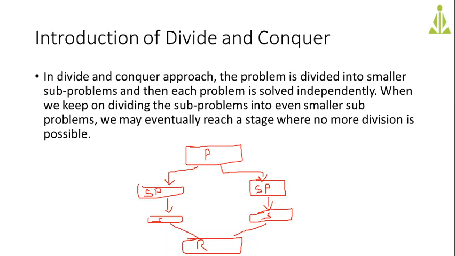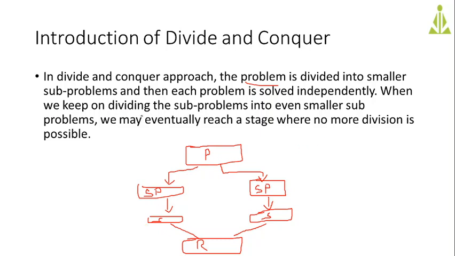Whatever the problem is, it is divided into smaller subproblems, 1, 2, and if there are more problems, then it will divide further. Each problem is solved independently. Whatever subproblems you are dividing, every one is solved independently.